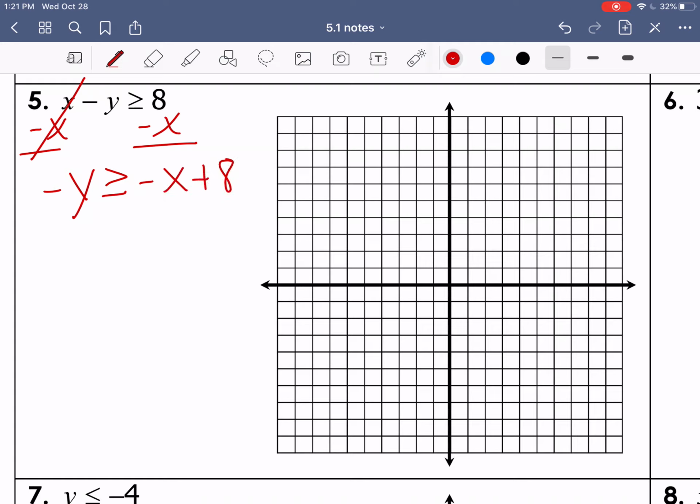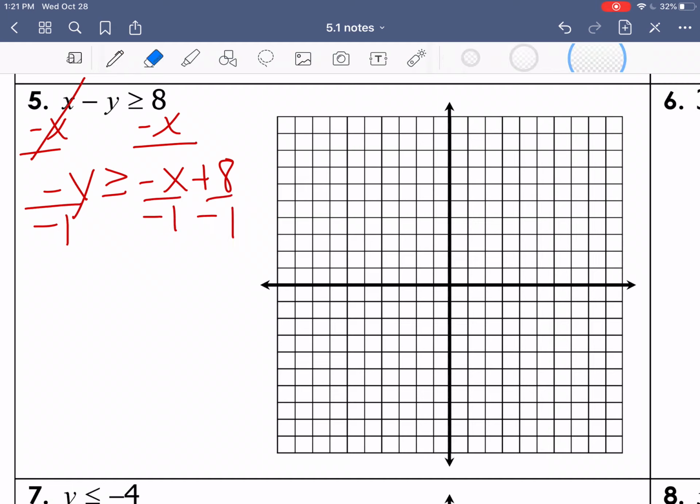Cannot have a negative y, so we divide everything by a negative 1. I just divided by a negative, so I need to flip my inequality sign the other direction. Negative x over negative 1 turns positive, and your 8 is going to turn negative.